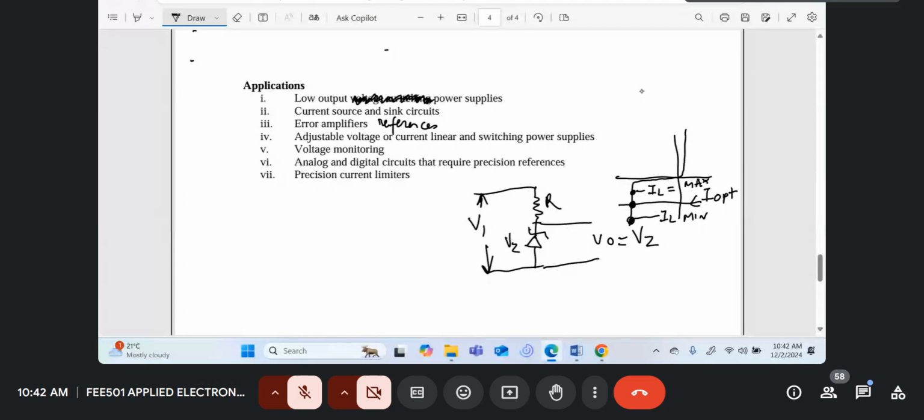So there'll be a shunt current passing through this, then there'll be a load current going to the load. So actually, our reference voltage is also a DC shunt regulator, which normally supplies very little current. So we can say that our reference circuit is actually a low power supply.